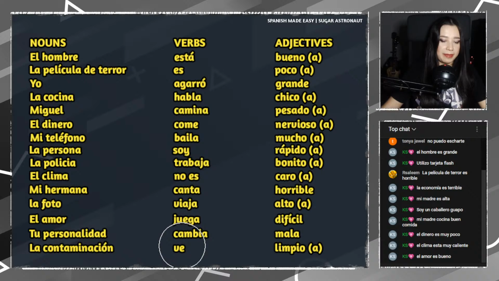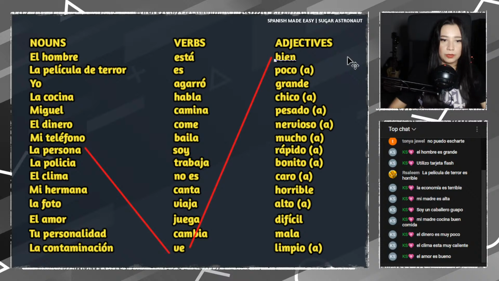Oh, did we use bien? I don't think we used bien. La persona ve bien. I would change bueno to bien because we're saying that someone sees well, okay? Someone doesn't need prescription glasses, so technically you're saying that the person sees well.